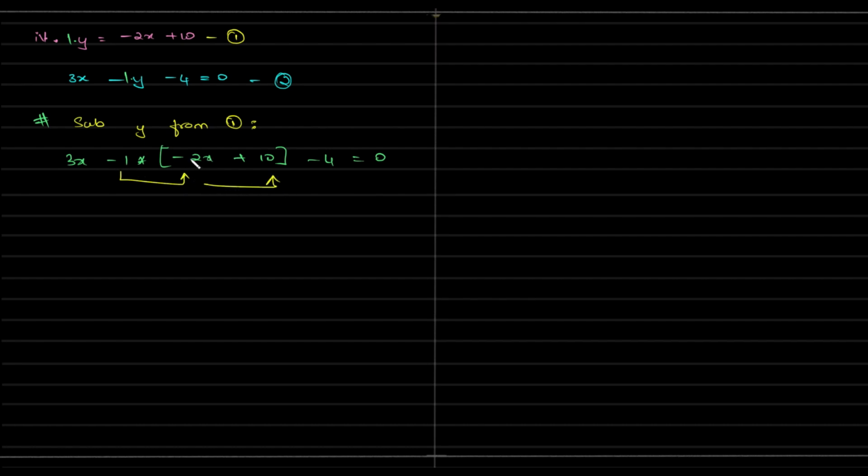Minus 1 has to multiply both the terms. So we are looking at 3x minus of minus 2x, minus 1 into plus 10, is equal to 0. So 3x plus 2x minus 10 minus 4 is equal to 0, and you will continue your work.